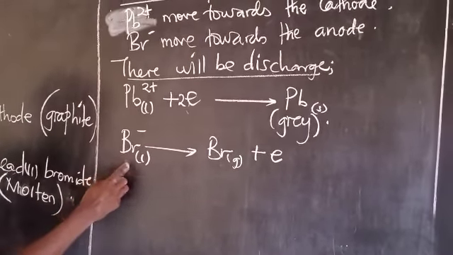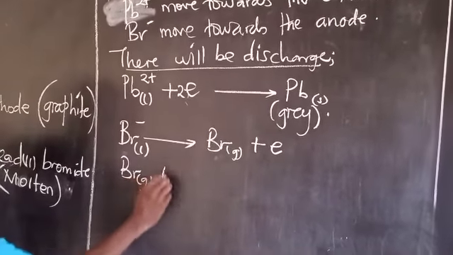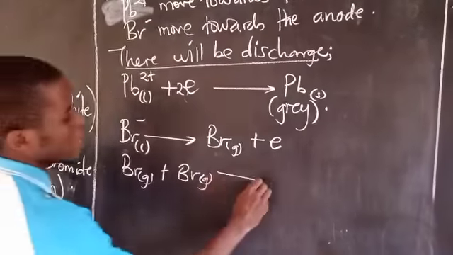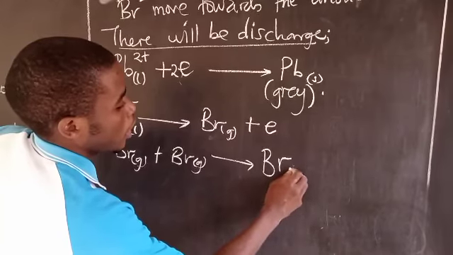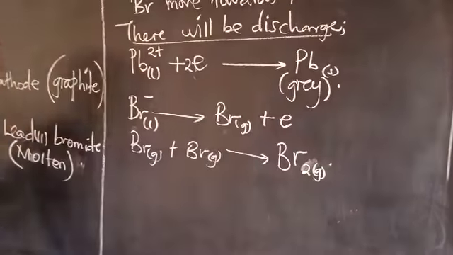But remember, we said that since it is a gas, it is unstable when it is an atom. The different atoms end up combining together to form a molecule, which will be in gaseous state.